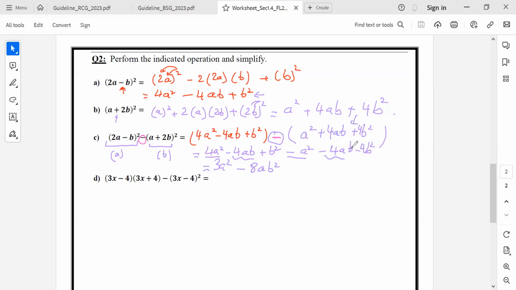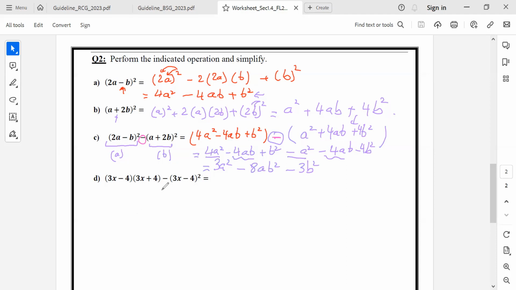This is the result. So plus 1 minus 4, minus 3b squared. So here, be careful when you rewrite. Do not make the same mistake as me. Keep focus to avoid mistakes.